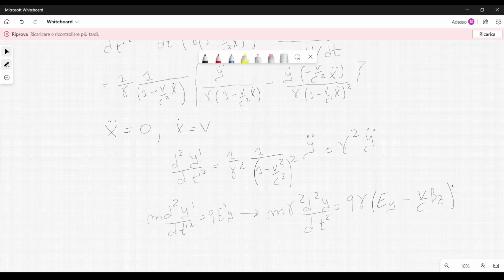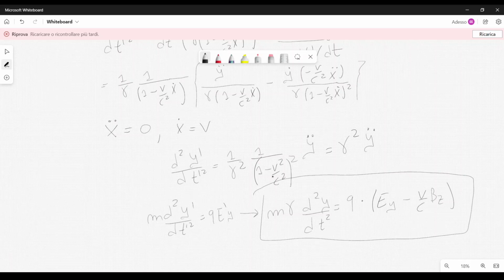So we have found how this y coordinate changes. In particular, we can also cancel gamma on both sides, and this is what we get for the y component.